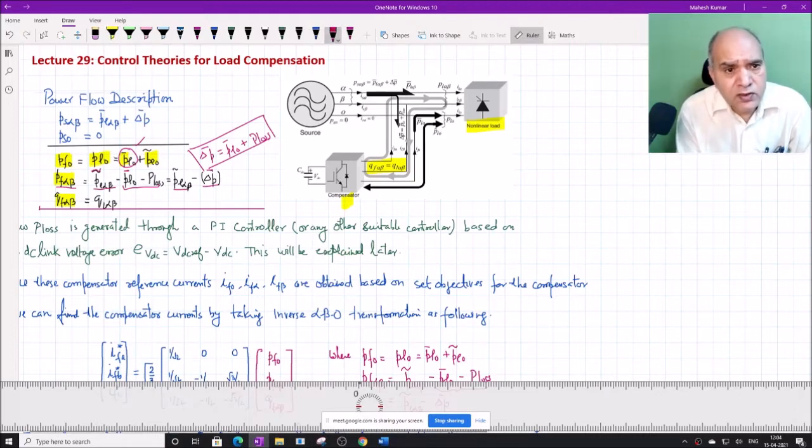The source power must be equal to PL alpha beta bar. Basically it means that the total average load power has to come from the source, and also the losses plus the zero sequence power has to come from the source. So basically it is PL alpha beta bar plus PL0 bar plus P loss.